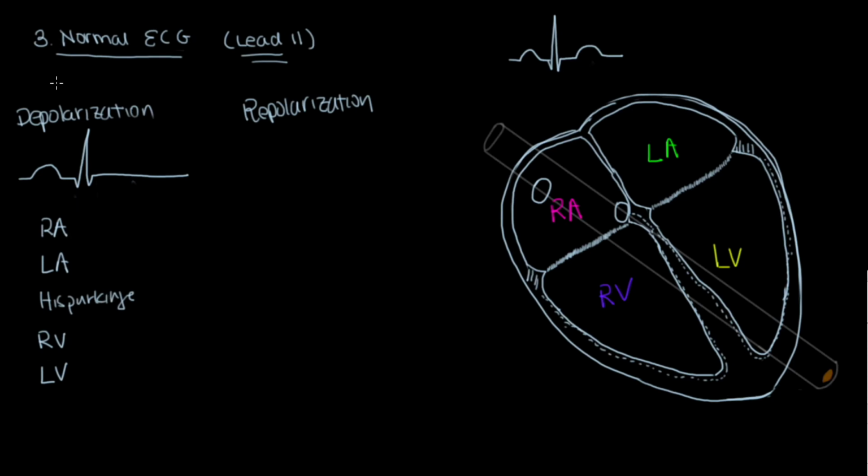So again, I just want to show here the depolarization of the right atrium was kind of like this, right? And actually, one thing I want to go over first before we go into drawing the repolarization is how the repolarization will look. So repolarization, imagine the sensor here, right?